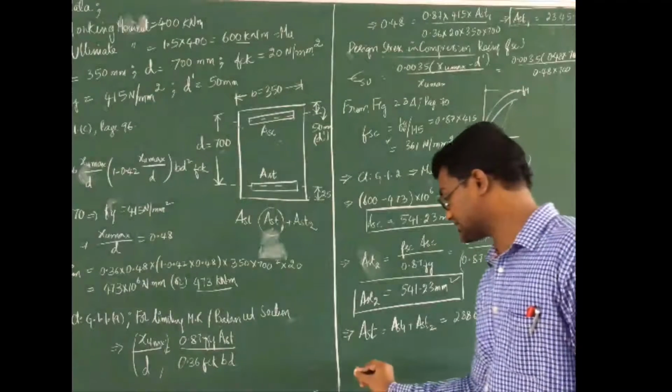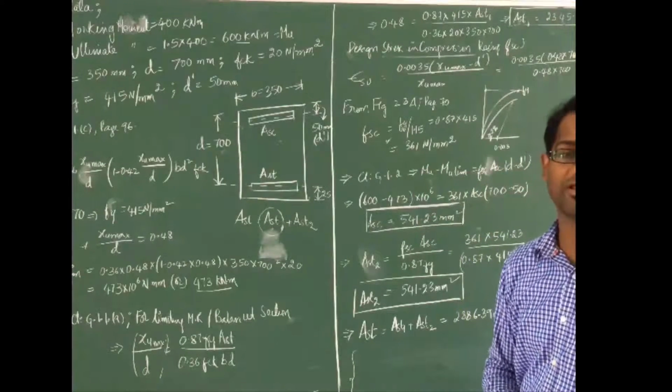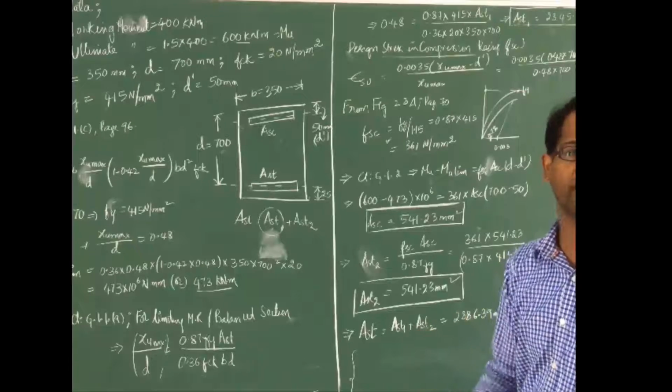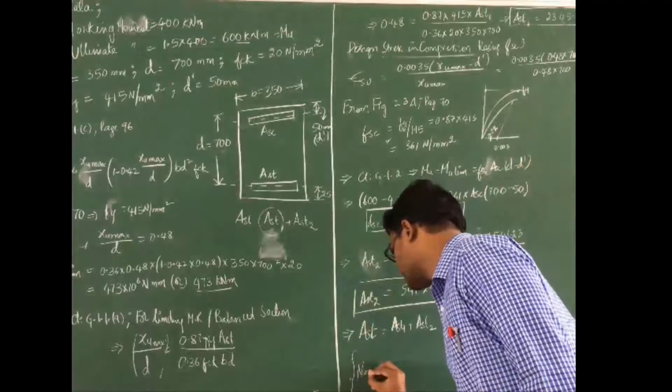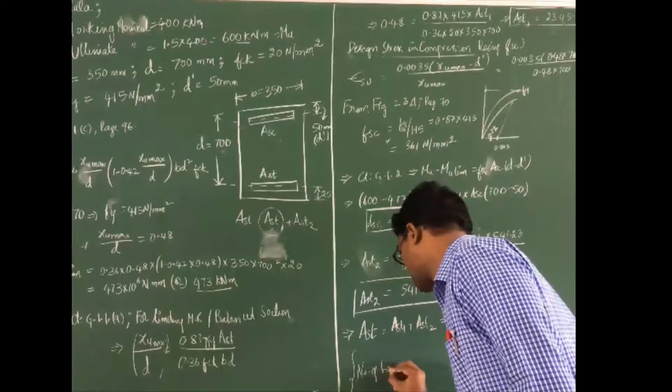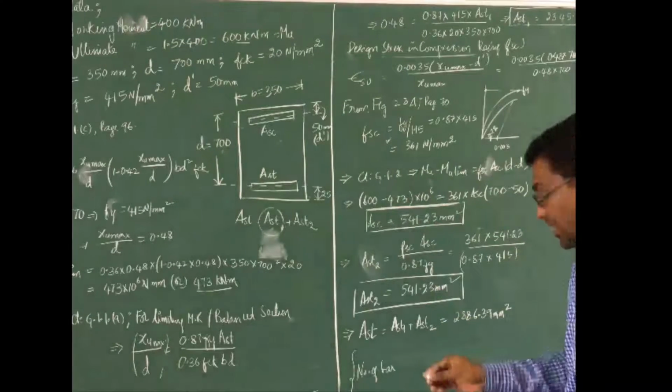Please calculate the number of bars from your side by assuming some diameter. So for the number of bars, I will tell the equation here. This is the cross section. You need to calculate the number of bars.